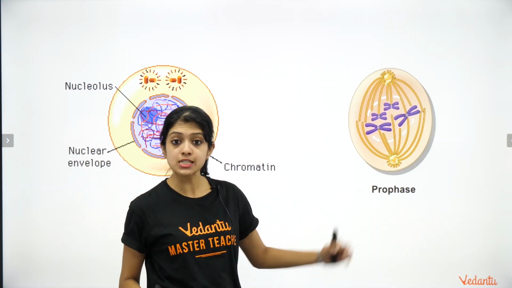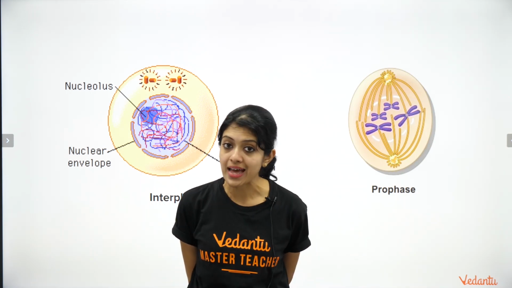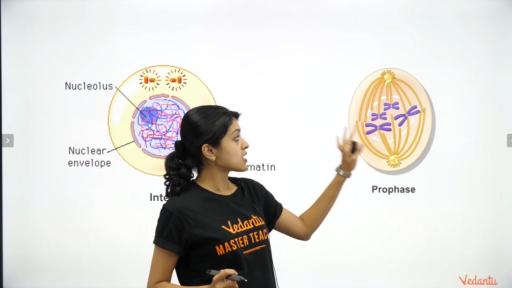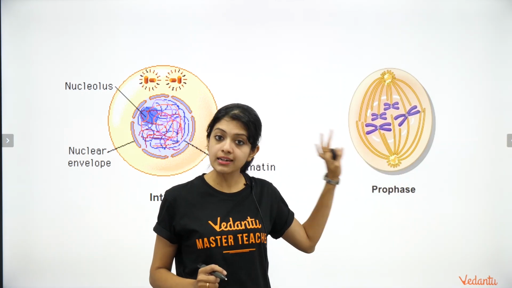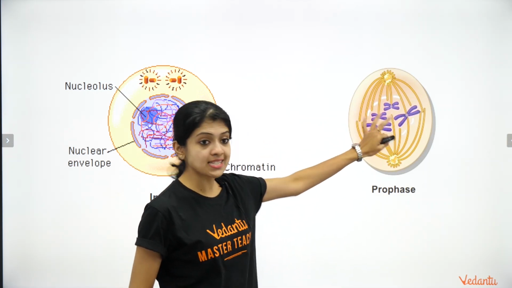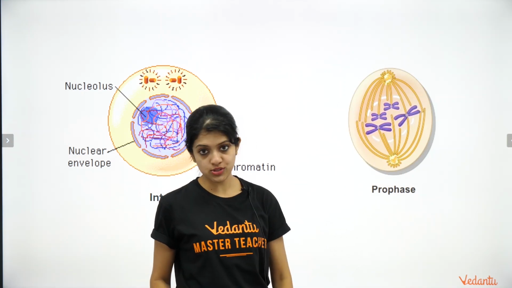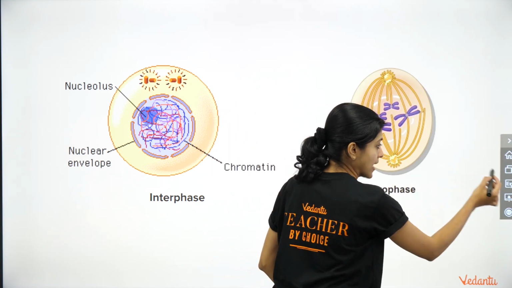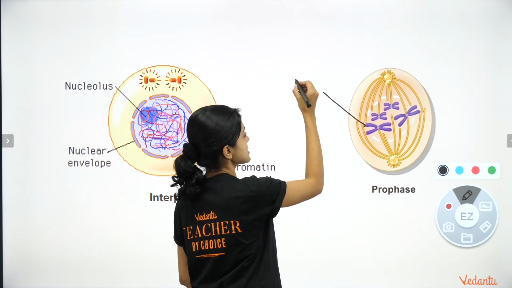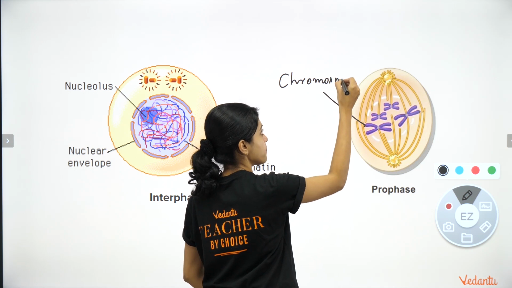And when it enters prophase, these thread-like chromatin structures condense into the X-shaped structures that you see here. Through prophase, or at least towards the end of prophase, this is how a cell would look. And at this point of time, you wouldn't call this chromatin anymore. You would in fact give it a different name, which is chromosome.